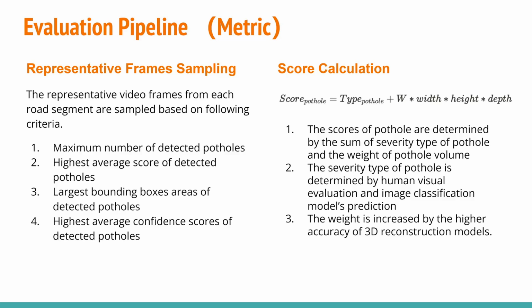We can calculate the score of each pothole, which is determined by adding the severity type of the pothole and the weight of the pothole volume. The severity type of the pothole is determined by human visual evaluation and image classification model predictions. The weight is increased by the higher accuracy of 3D reconstruction models.